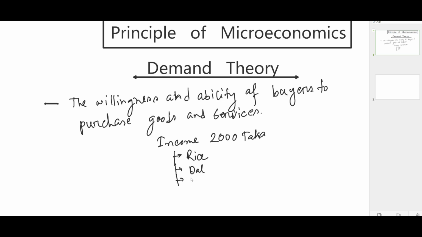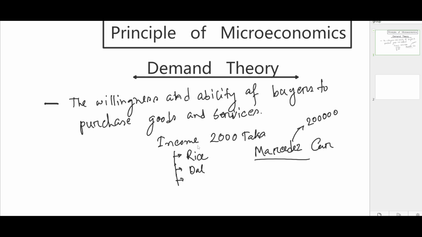But if I think to buy a Mercedes car, suppose the price of the Mercedes car is 2 lakh taka, I cannot demand this Mercedes car from this income because I don't have the ability to buy it. But with this income I can buy rice and dal.